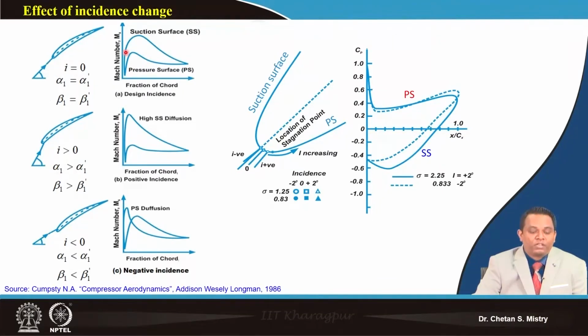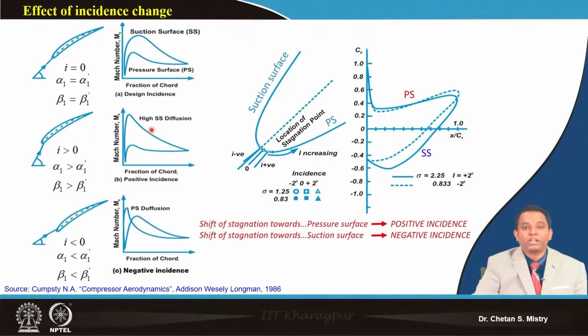These three represent how my surface Mach number changes along my chord. If we correlate this in terms of CP, with positive incidence angle my Mach number distribution gives me higher pressure rise or higher CP distribution.